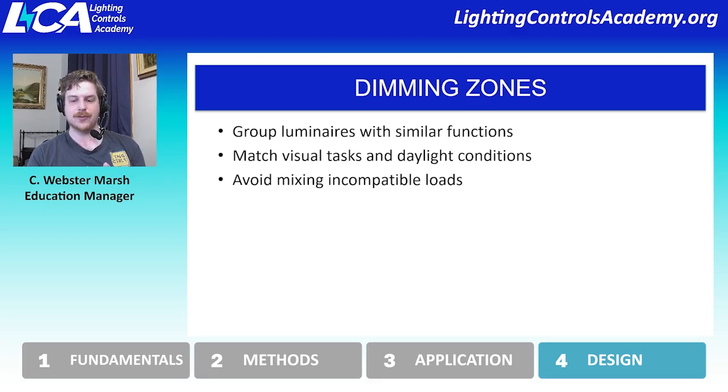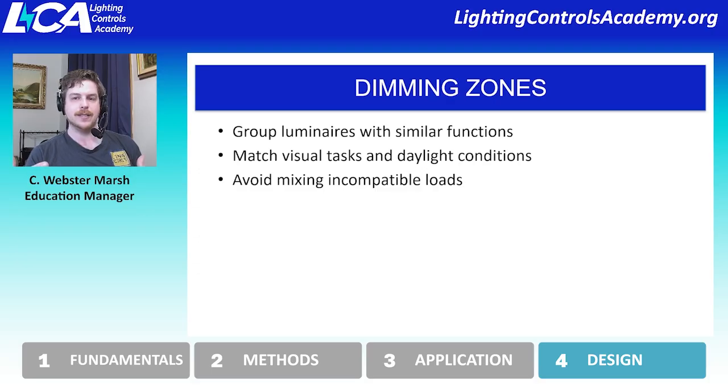And trying to avoid mixing incompatible loads. And what I mean by that is, don't mix DMX 512 with DALI, which is hopefully an obvious thing that you shouldn't be doing, but also just in the sense of, if you have one 0 to 10 volt fixture from one manufacturer and another 0 to 10 volt fixture from another manufacturer, typically those are not going to work well when they're zoned together.